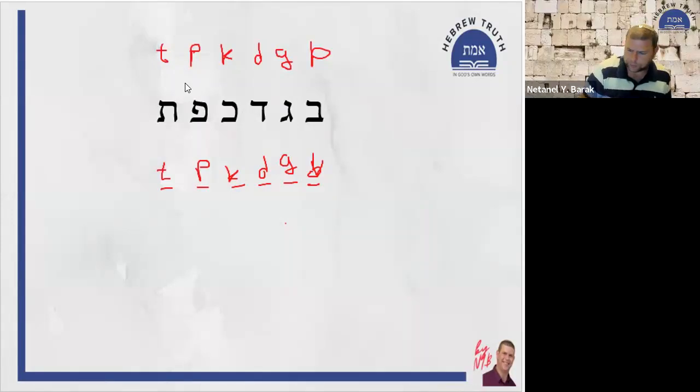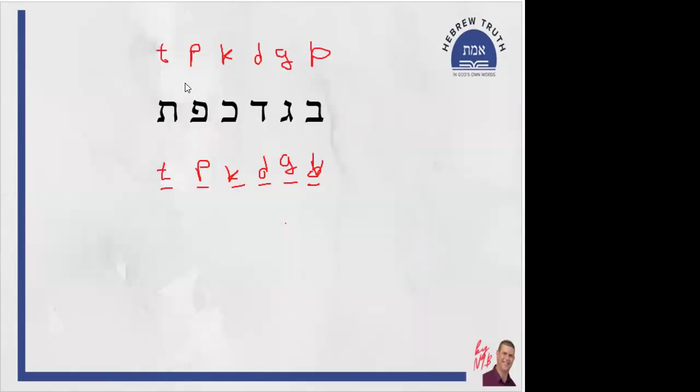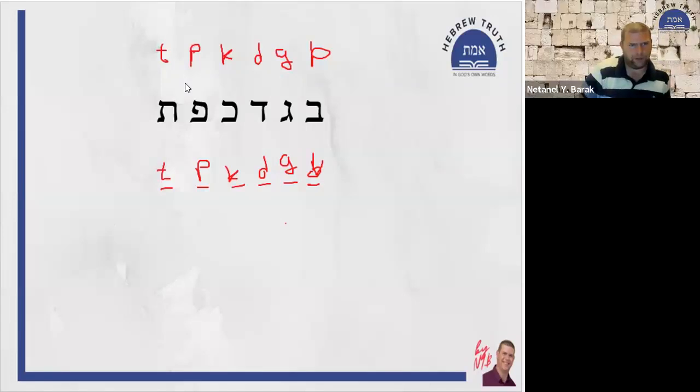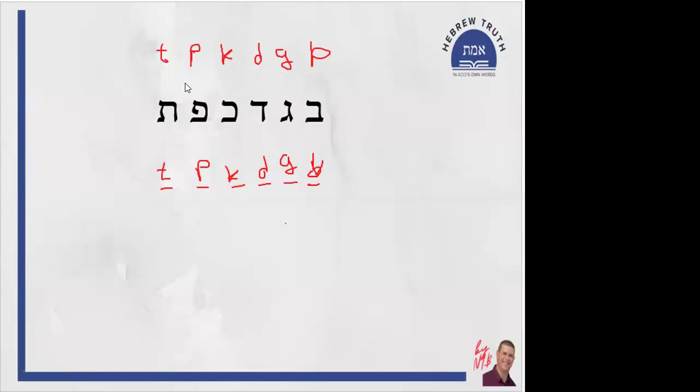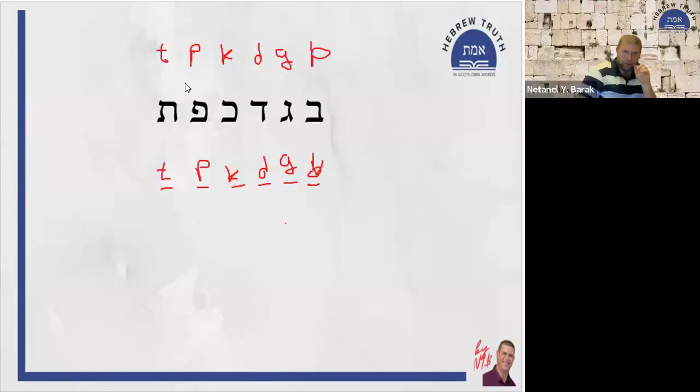I was more wondering which came first, the dagesh or the reading mothers. Oh, the reading mothers came first. The dagesh is part of the Masoretic system that developed in the 8th, 9th, 10th century. However, saying that the dagesh came after does not mean it represents a pronunciation that came after.